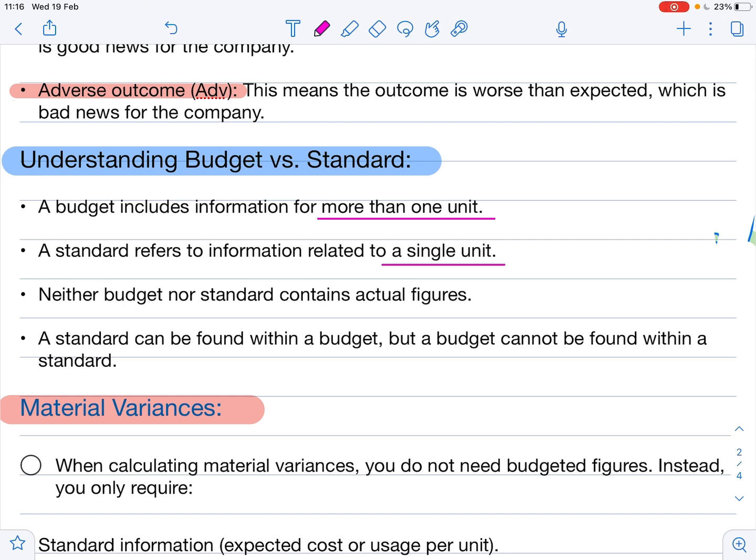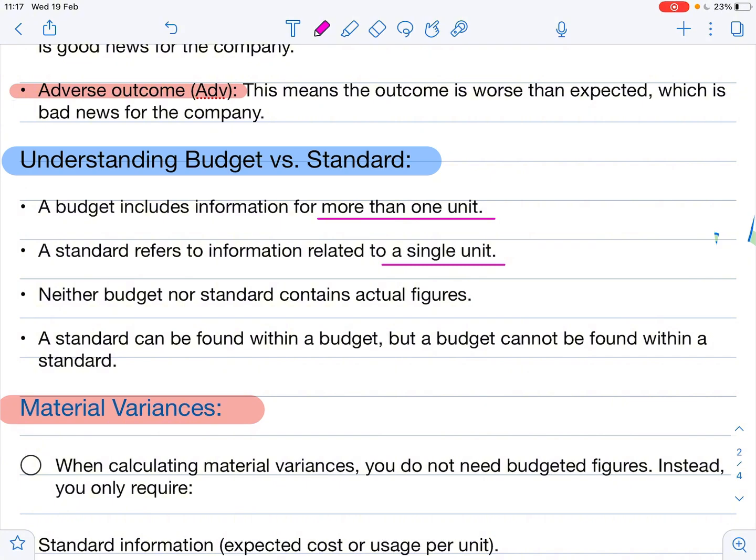Okay, neither budget nor standard contains actual figures. So the actual figures will be different from the figure of budget and the figure of standard. Okay, because in your actual information, you do not have budgeted information, neither do you have standard information.